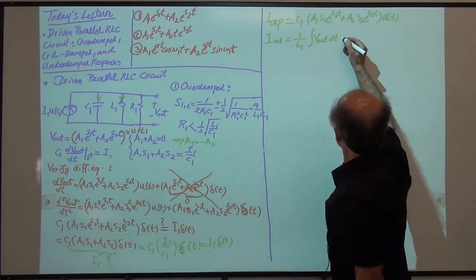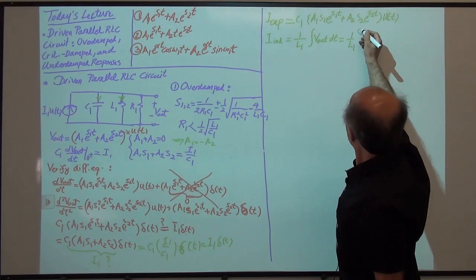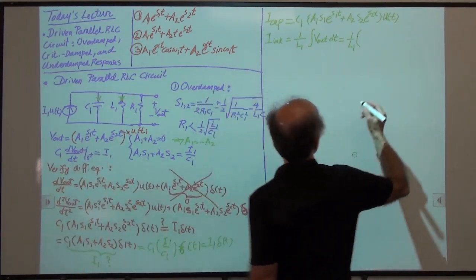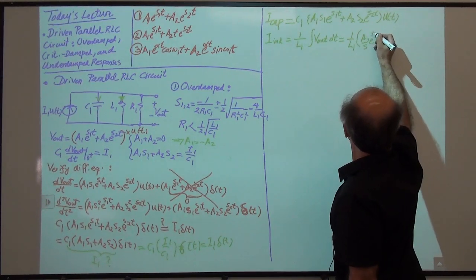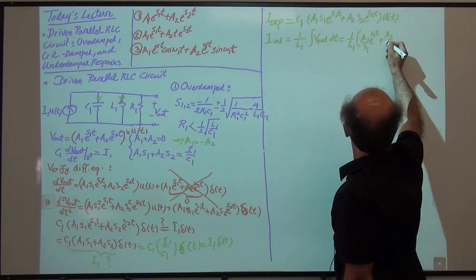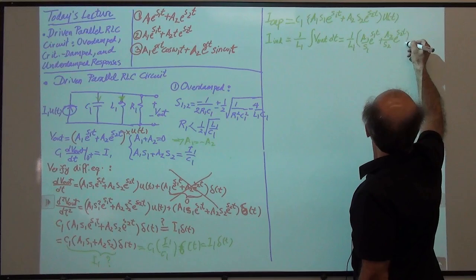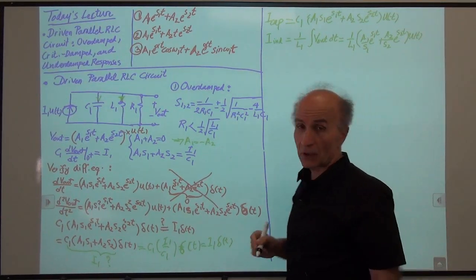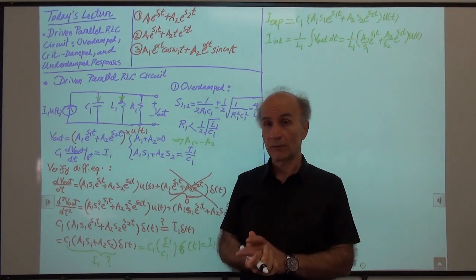So we're going to write 1 over L1 and then integral of this function. So A1 over S1 e to the S1t plus A2 over S2 e to the S2t, and then U of t. U of t still remains, right? Because remember that the current through the inductor was 0 before time 0, so it still gets multiplied by U of t.